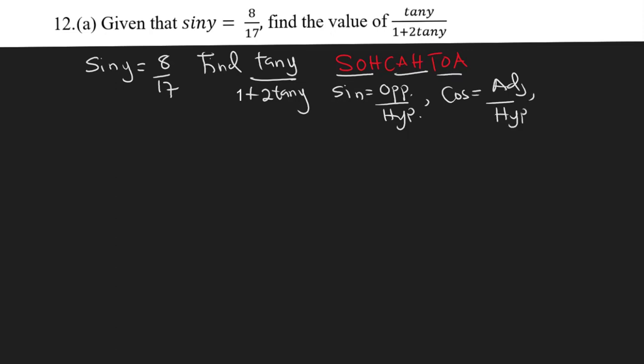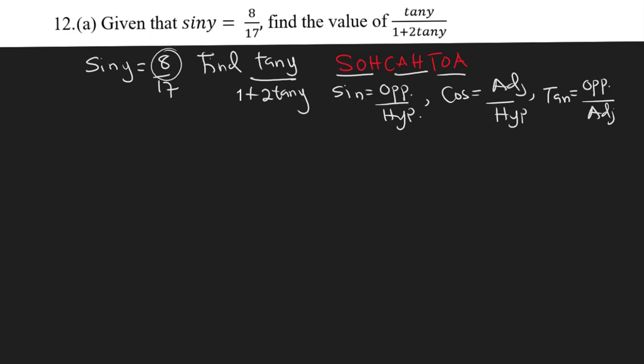And lastly, tan is equal to opposite over adjacent. From these ratios, we can identify that the 8 over 17 given to us is sine y. Since it is sine y, the 8 represents the opposite side, and 17 represents the hypotenuse.